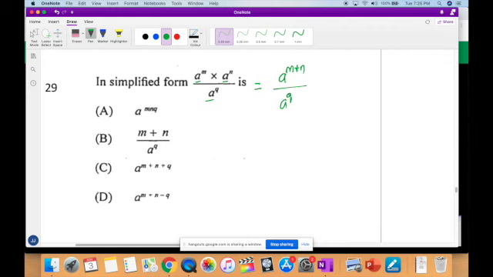And we know that when you're dividing, you minus your indices. So we'll have a to the m plus n, which is the numerator, minus q. Alright? And this D here is the closest answer to that. Of course, you could just remove the brackets there: a to the m plus n minus q.